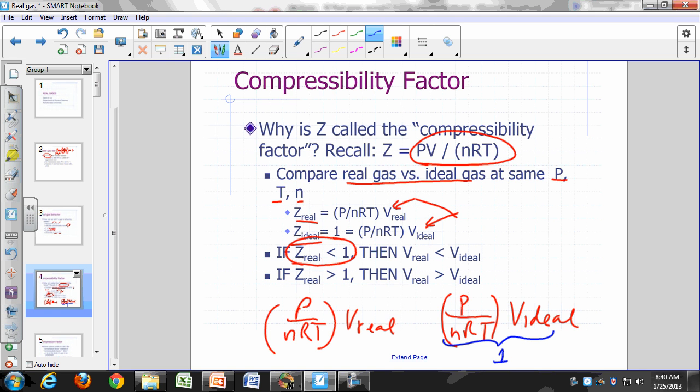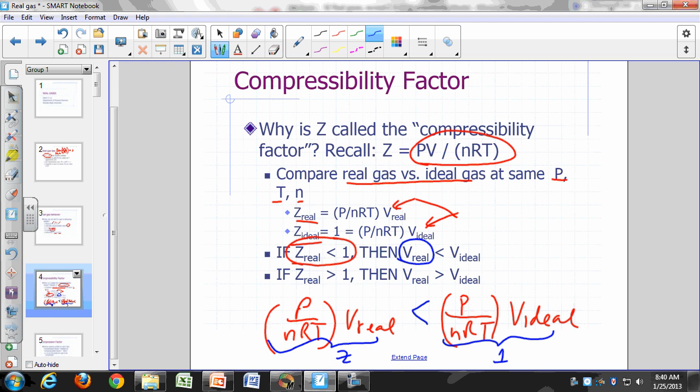Your real gas Z is this one. So what does it mean if Z is less than 1? Then that means that the actual volume of your real gas is less than what it would have been if it were behaving ideally. So it's smaller than what you might expect if your gas was behaving ideally.